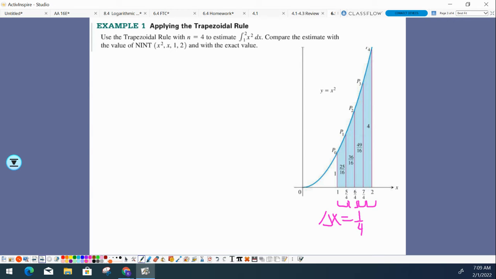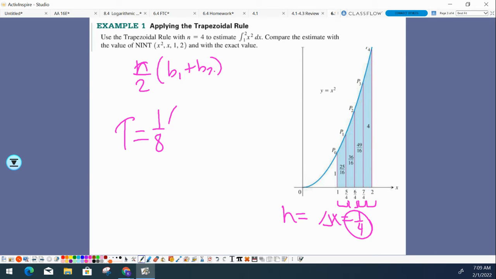So if we think about the formula, we're always going to take h over 2, base 1 plus base 2. To use the trapezoidal rule, our h is just the change in x, which is a fourth. What happens if I take 1/4 divided by 2? That's 1/8.